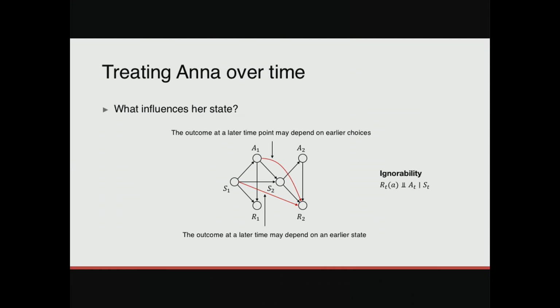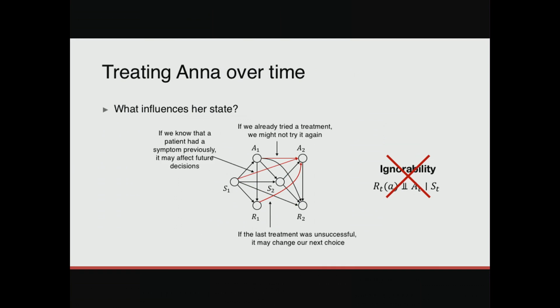So if we measure, say, a lab value, which could be in the right range or not, it could very well depend on medication we gave a long time ago. Okay? And it's also likely that the reward could depend on a state which is much earlier, depending on what we include in that state variable. Okay? We already have an example, I think, from the audience on that. So actually, ignorability should have a big red cross over it because it doesn't hold there, and luckily it's on the next slide. Because there are even more errors that we can conceivably have in the medical setting, right?